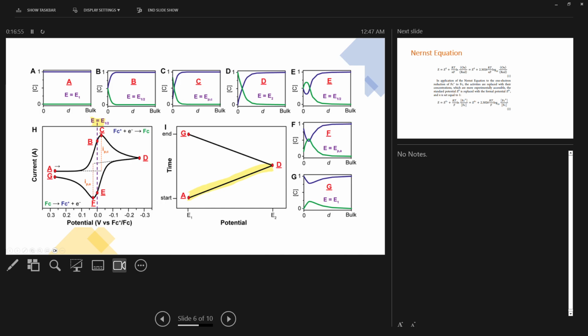You get this point? And the difference between this and this is called the change in potential.